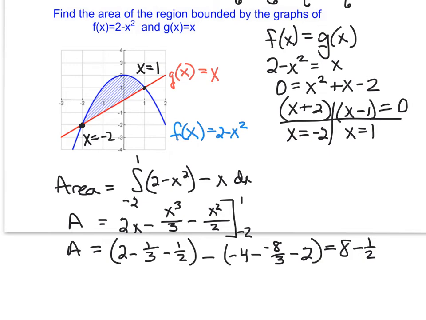So that's giving me negative 1/3 minus 8/3, which is negative 9/3, or negative 3. 5 minus 1/2 is giving me 4.5, which would tell me that the area between those two curves is equal to 9/2.